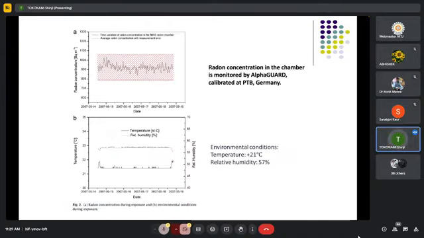In this case, the average temperature is 21 degrees and relative humidity is 57%. These environmental conditions need to be realistic of an actual environment.